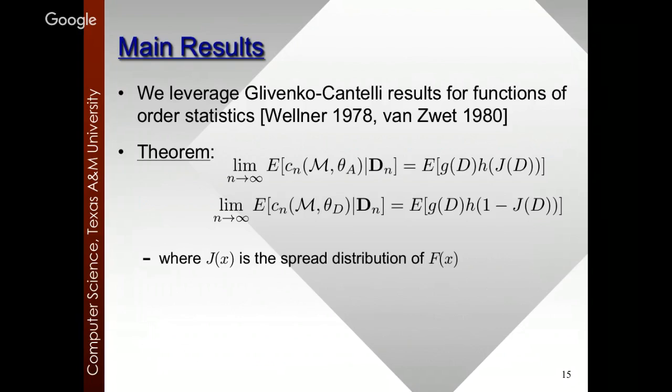So it's stated as follows. For any method, under the ascending permutation, the cost converges to this closed form when n tends to infinity, and for the descending permutation, it converges to this form, where J(x) is the spread distribution of the degree distribution.